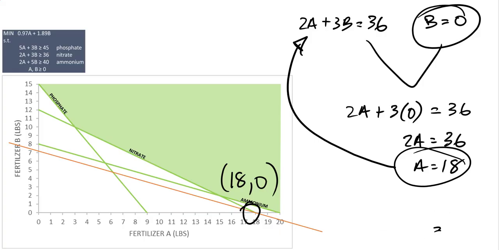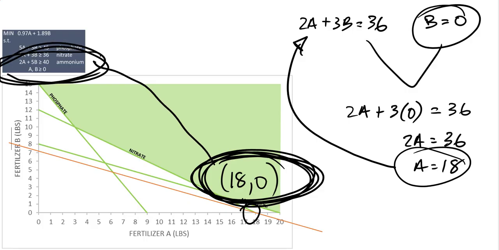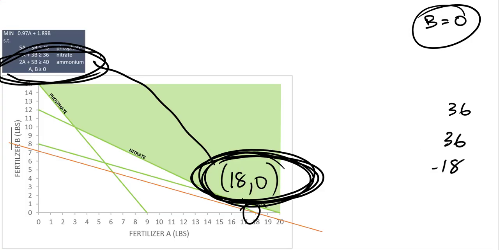So remember, that is only the value of the point of that intersection. To find out how that affects my range of feasibility, what I need to do is to sub those coordinates into the line that we are right now playing around with. And what we are altering right now is our ammonium constraint. Because we are moving the line down, we are decreasing the y-intercept.